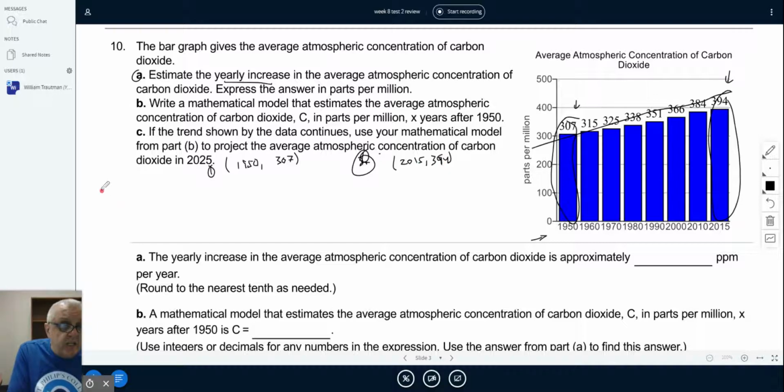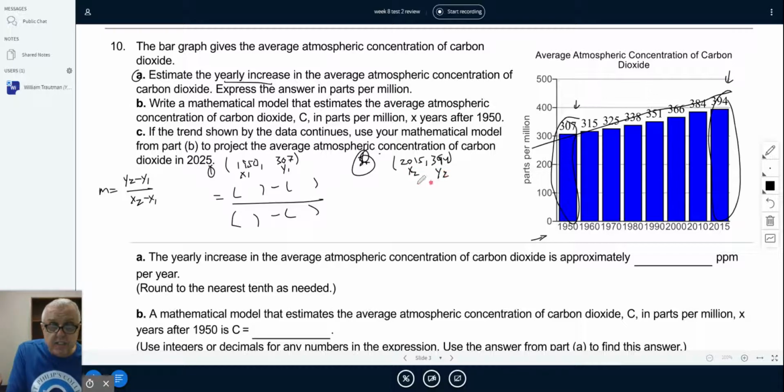All right, don't forget about the slope formula when you have 2 points, y2 minus y1 divided by x2 minus x1. So I'm just going to plug that in. This is x of the first point. This is y of the first point. This is x of the second point. This is y of the second point.